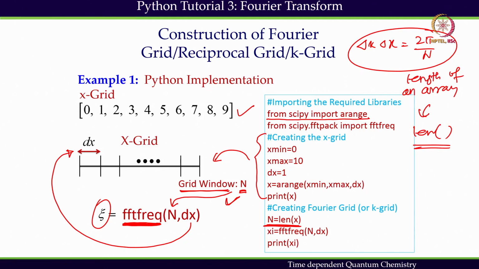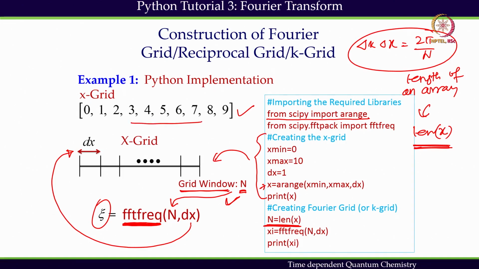It is Python's built-in functionality, and I have to give the array name. Here the array name is x, so I put x here. Immediately it will give me how many elements I have, and that is going to be 10. We know that we have 10 elements in this x grid.